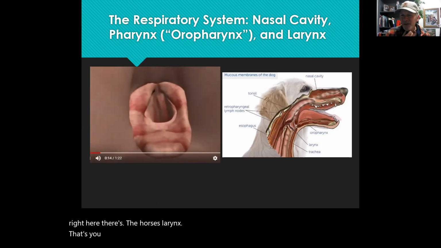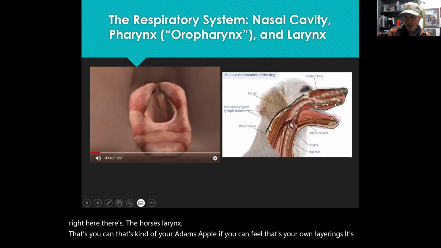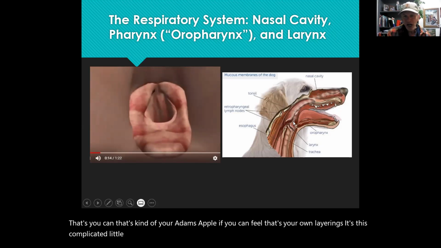That's kind of your Adam's apple. If you can feel that, that's your own larynx. It's this complicated little structure, and one of its jobs is to help prevent food and water from traveling down your trachea.